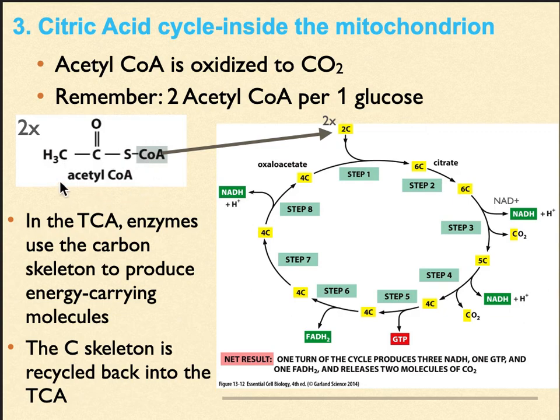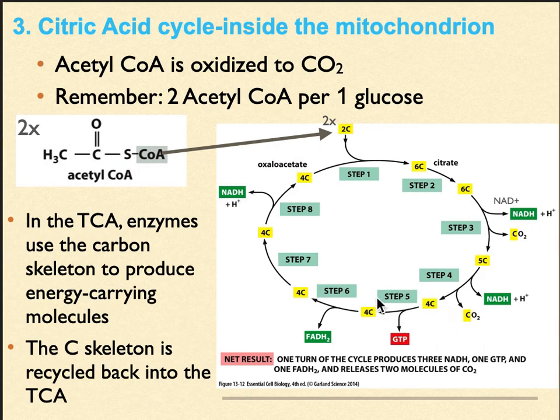So we start out with 2 acetyl-CoAs, and again, these are each 2 carbon molecules. And as those go in, they are combined with another molecule, which we'll talk about in a moment. There are different chemical processes that are occurring at each of these steps, which you do not have to know. What you have to know is that through this cycle, we're going to lose more carbons as carbon dioxide here and here.